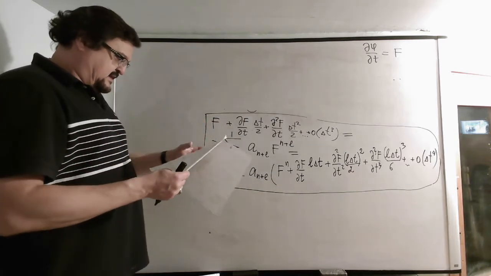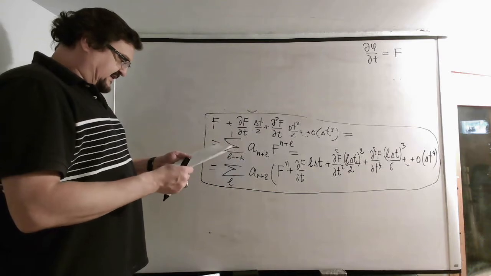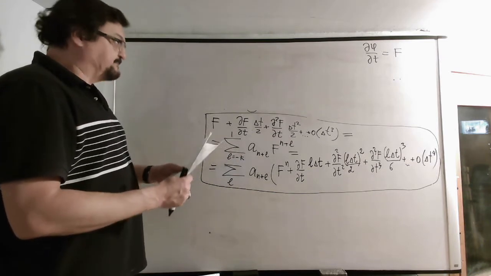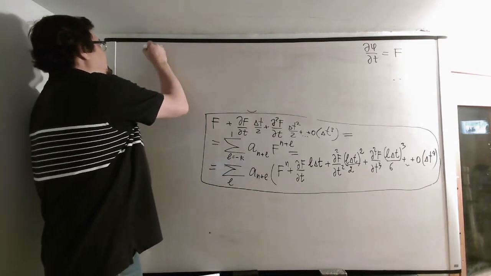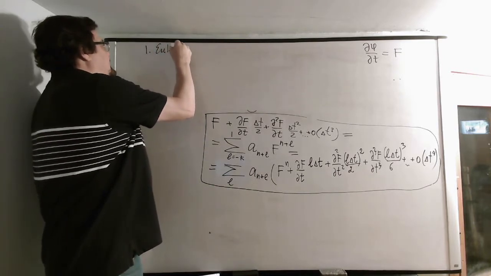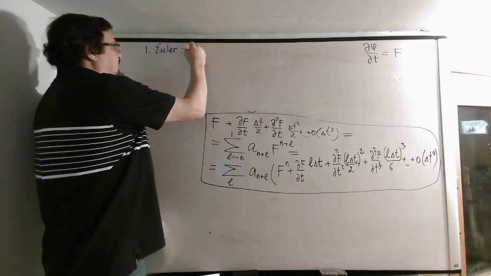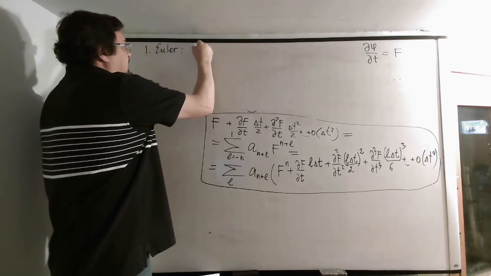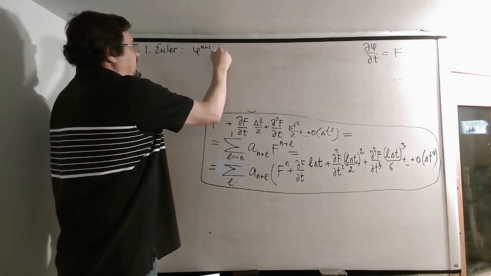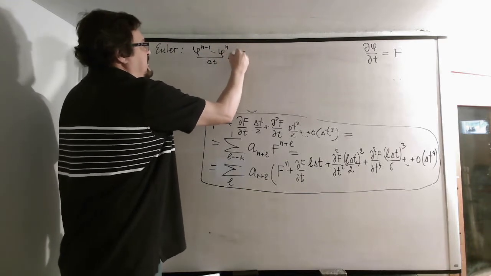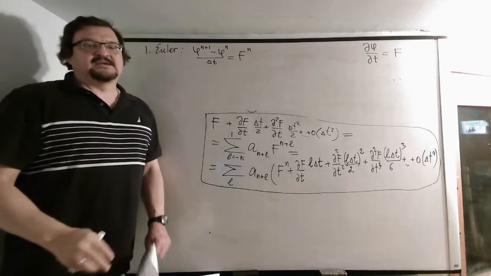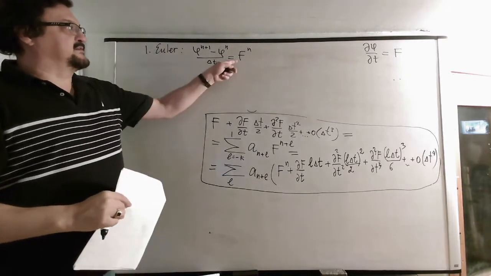So let's do some classification of the schemes. So first is the Euler scheme, right? We already mentioned that. Euler, which is phi n plus 1 minus phi n divided by delta t equals the right hand side at the current time step.